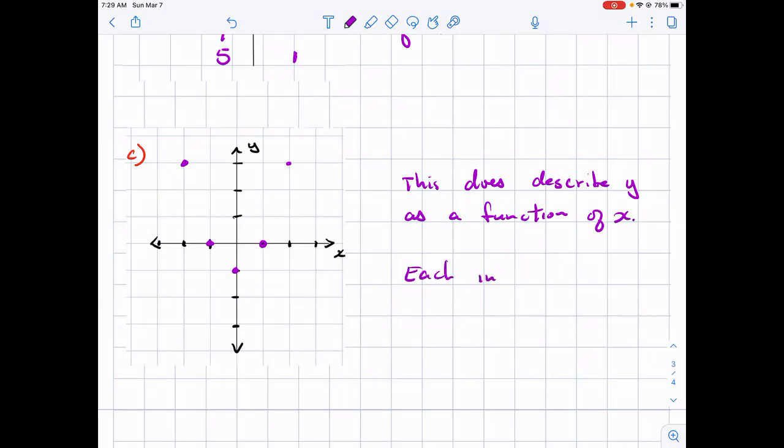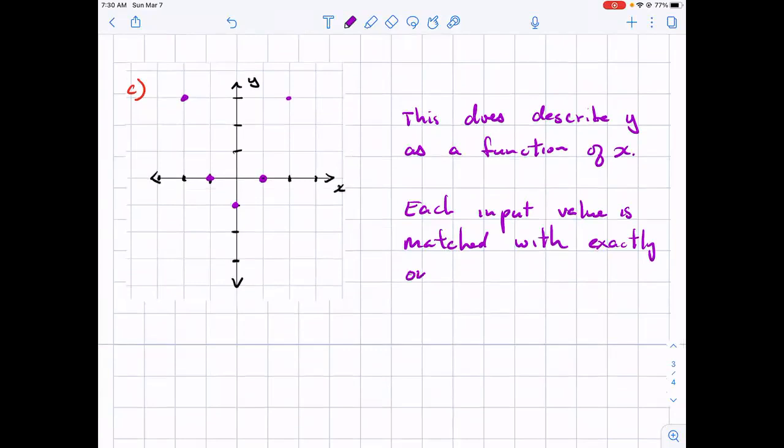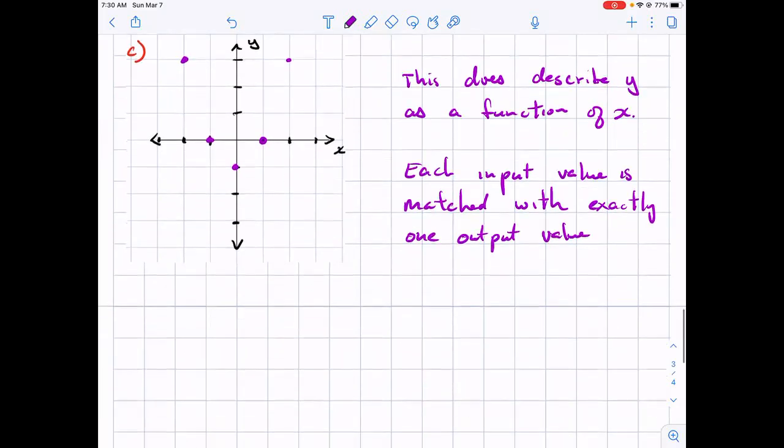Each input value is matched with exactly one output value. Yeah, exactly one output value. So, as I said, later on we'll do something where we test graphs to see if they're functions.